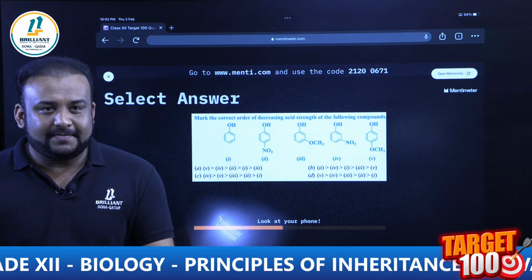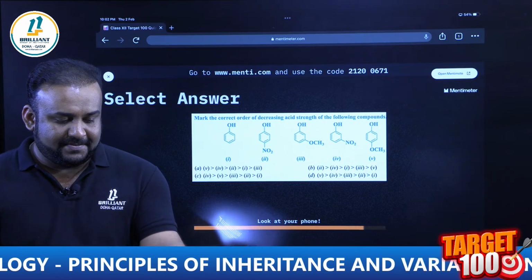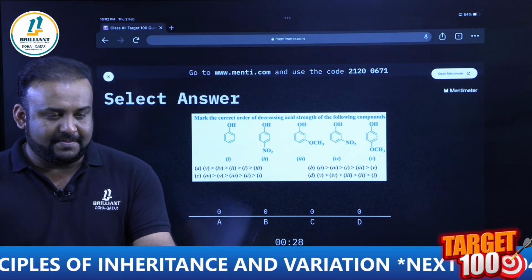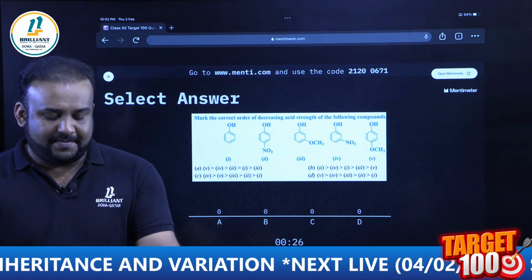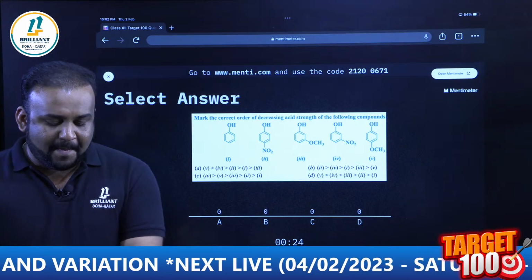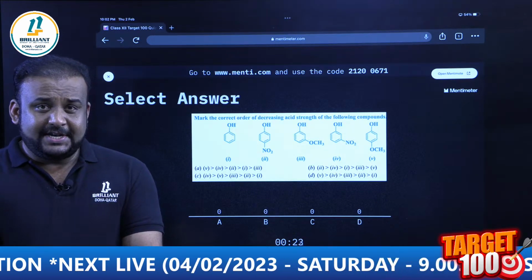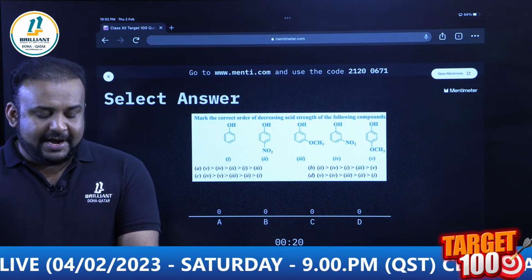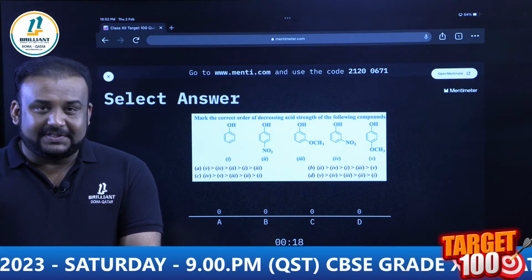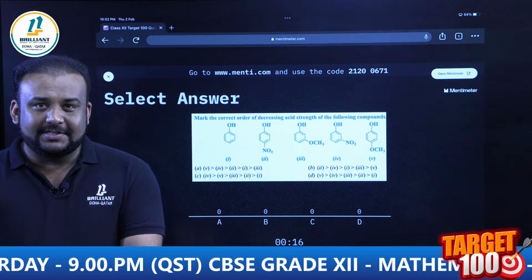Look at your phone. Question is there in your phone. Arrange them based on the decreasing order of acidic strength.